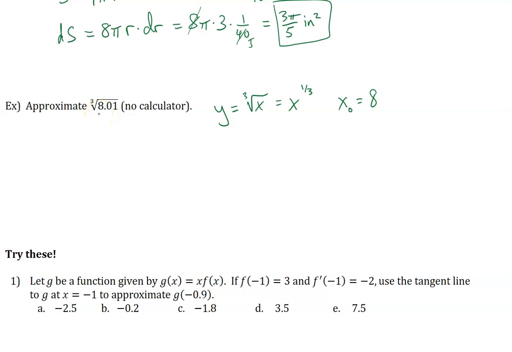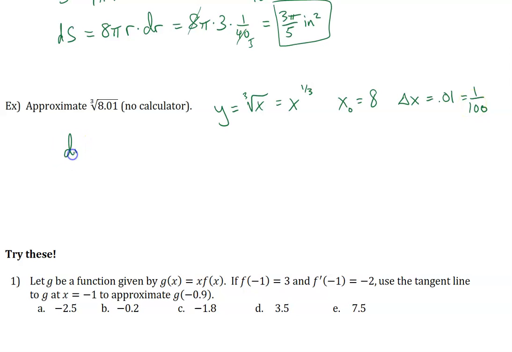Now, I could also say, well, the cube root of 27, I know what that is as well, but 27 is not close to 8.01. Okay, so I'm picking 8 for my starting point here, and that means that delta x is going to be 0.01, or 1/100. Fractions are better for doing things by hand, okay? All right, so we have a function, we have a starting point, and we have a delta x.